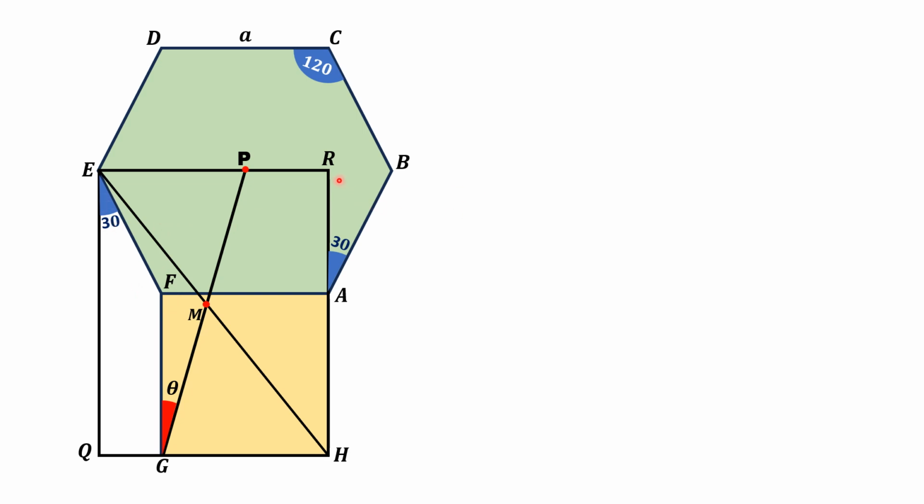If we extend the line segment from R to B, then we have a right triangle BRA. So from this right triangle ARB, we have sine of 30 degrees equal to the opposite side divided by the hypotenuse, meaning BR divided by AB.